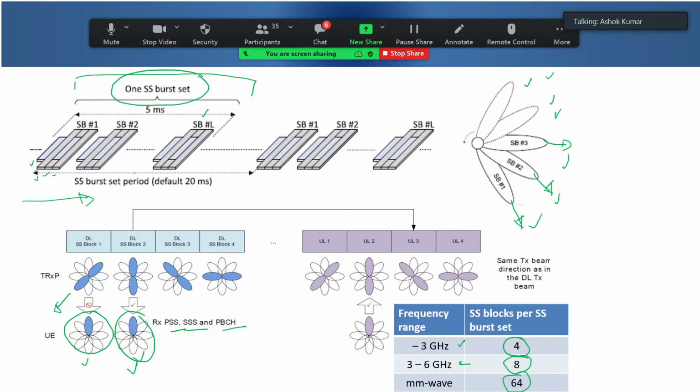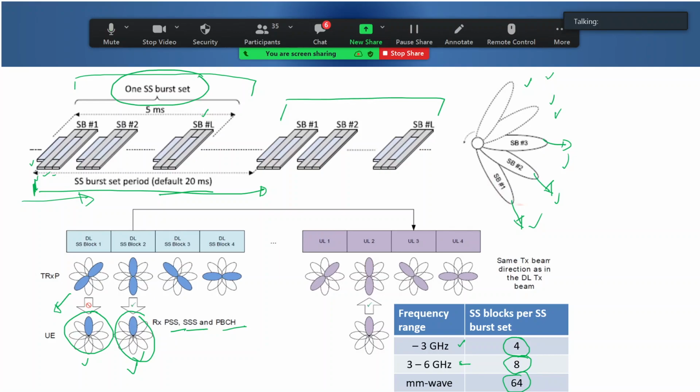And what is the periodicity? So after 20 milliseconds, starting from here, after 20 milliseconds, again this SB will be transmitted. So the default value is 20 millisecond. However, it can be changed once the device is on and the network is talking to each other. This can be changed mutually, but initially it will be 20 milliseconds.